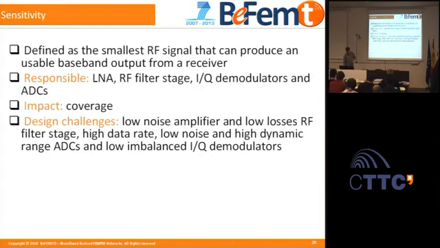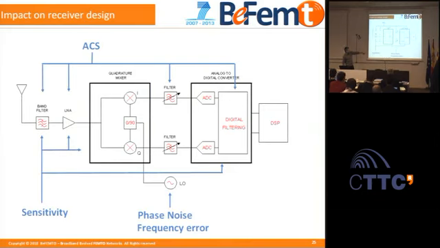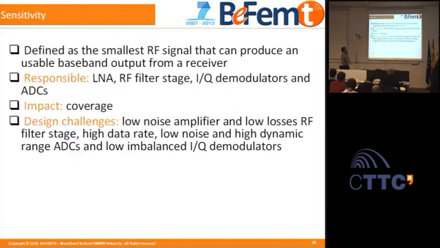Okay. In this case, the phase noise follows the same rationale as in the transmitter case, so there is no more to add. And we are going to see the sensitivity and also the adjacent channel selectivity. The sensitivity is defined as the smallest radio frequency signal that can provide a useful and usable baseband output from a receiver.